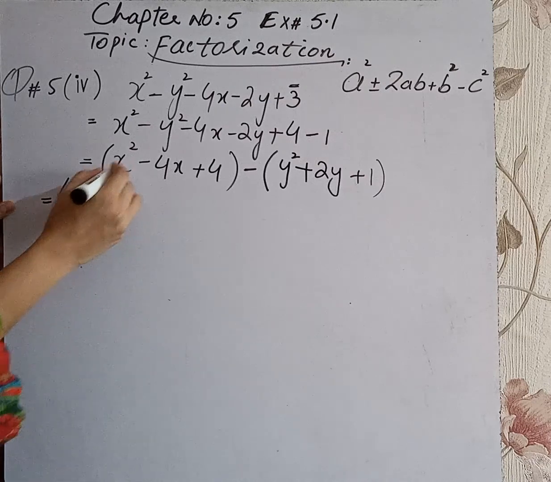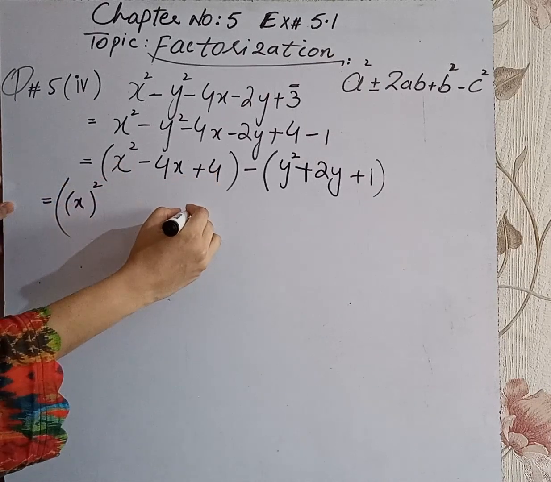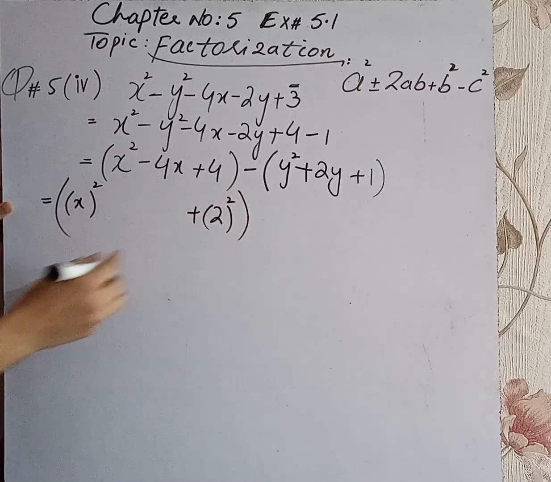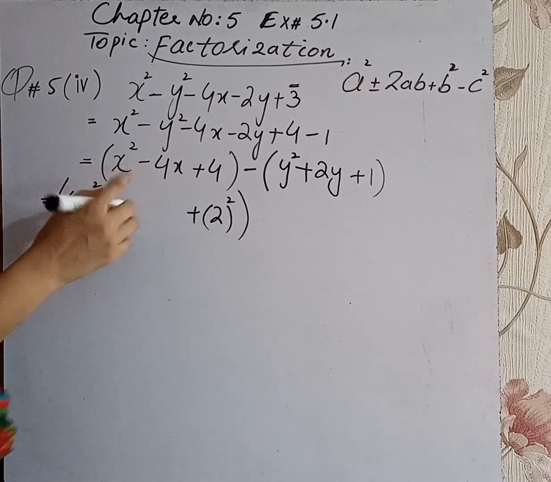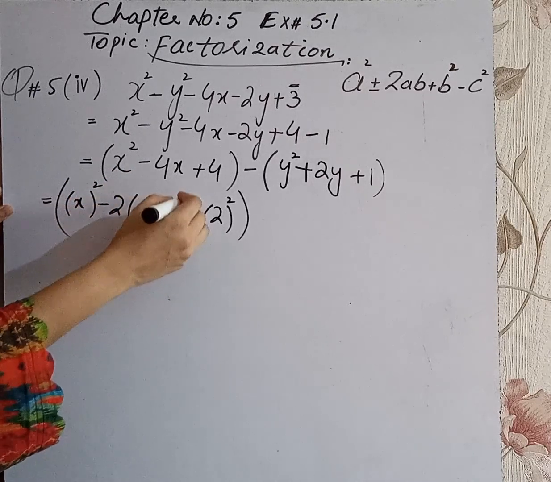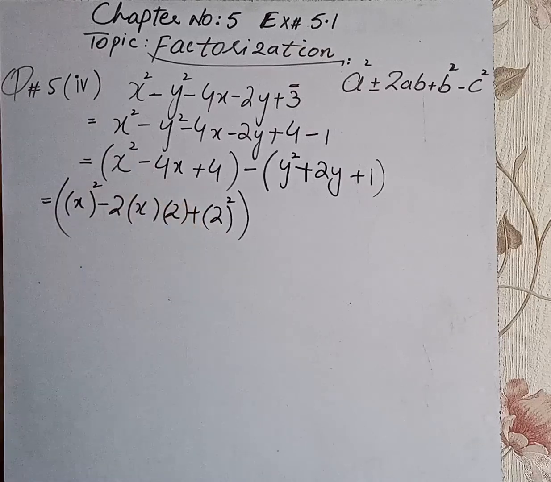This x square is the square of x. 4 is the square of 2. These two are perfect squares. Then according to the formula there is minus 2 into a into b. What is a? a is x. What is b? That is 2.